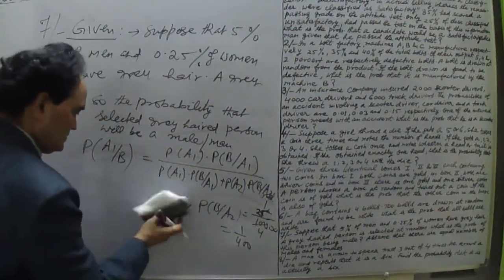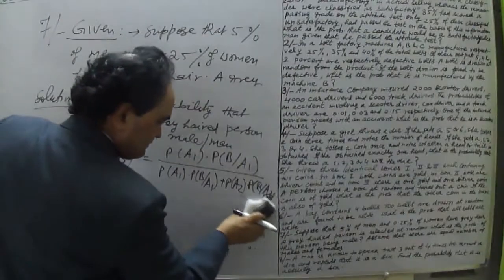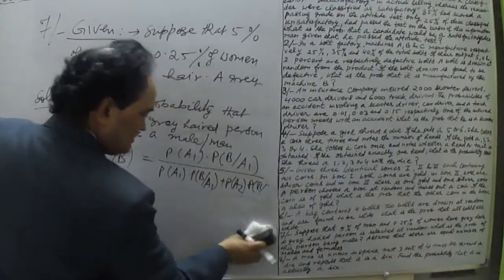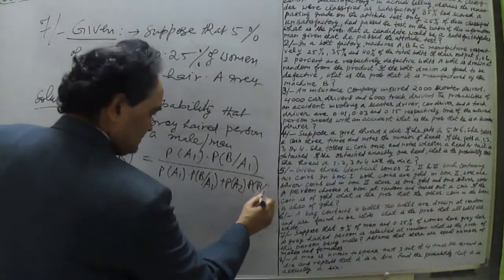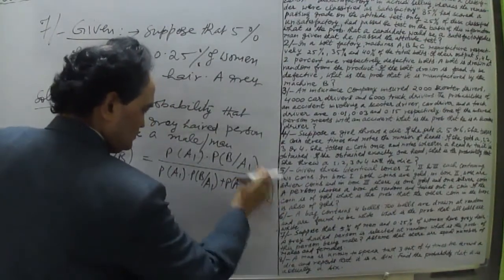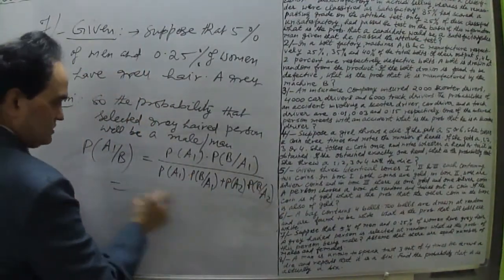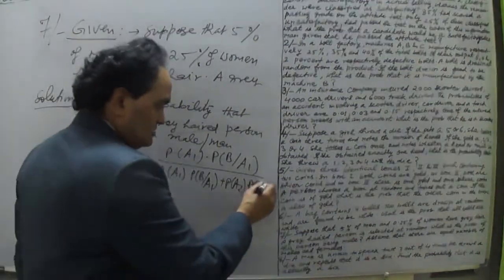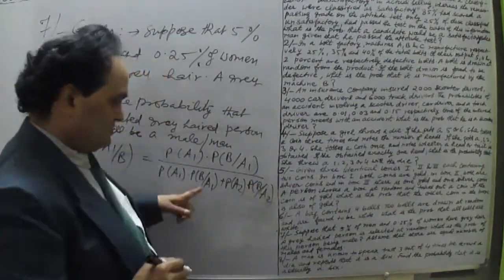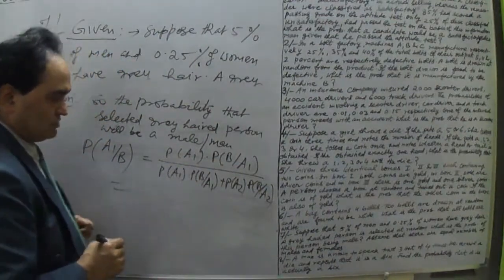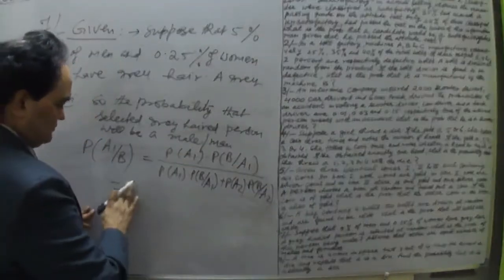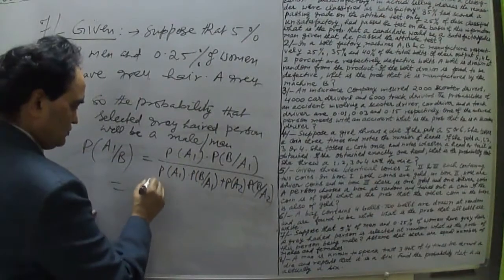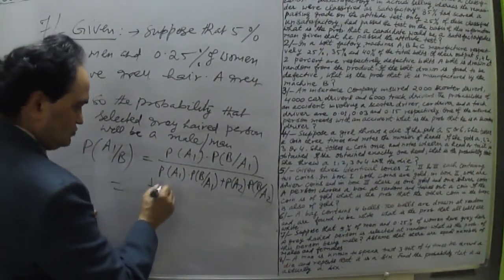Let me write it clearly. A2 is the female, selecting a gray haired female, and the gray haired man is in the numerator also. So what is that probability? Probability of selecting a male is 1/2.